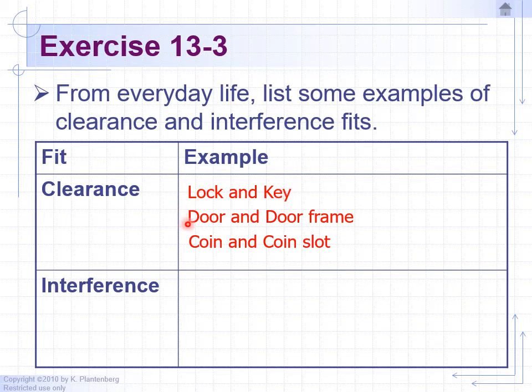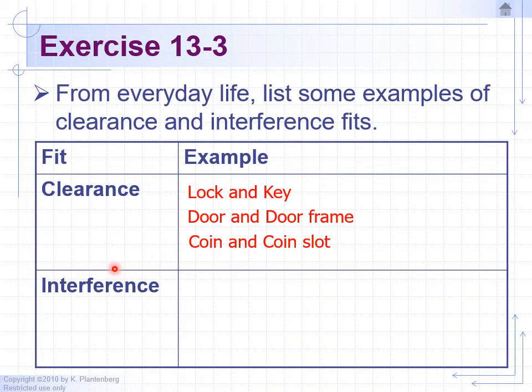Another example is a door. When you open the door, you want the door to be slightly smaller than the door frame. The door frame is the hole. You don't want a door that's larger or else it'll get jammed in the door frame. Another good example is a coin to a slot. You always want the slot to be larger than the coin, so there's always guaranteed clearance in these items.